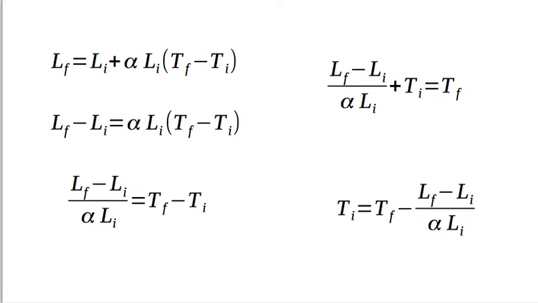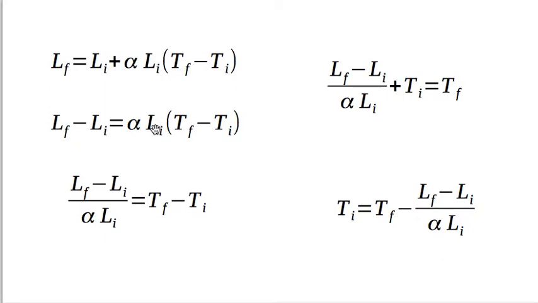Alrighty. Now, what if you want to get the final temperature? Well, you should use this equation. And what do we do with it? Pretty much the same as before. This Li is being added. You gotta subtract from both sides, and you get LF minus Li. And then after this, you can see that we want TF. So this alpha and this Li, I don't want them there.